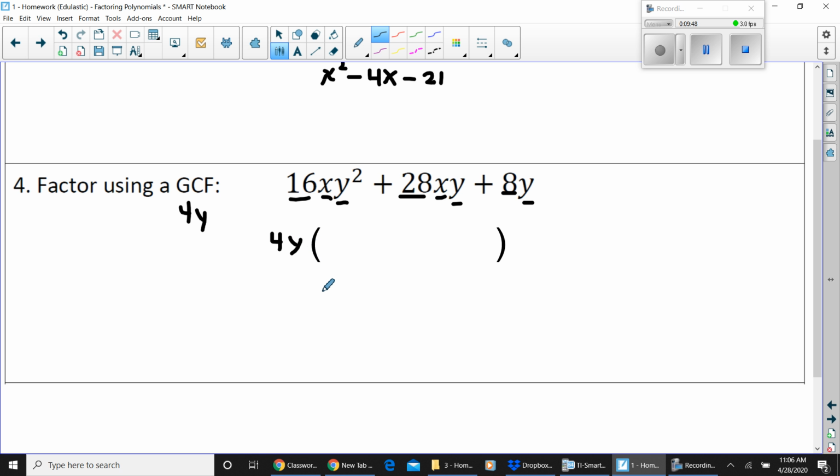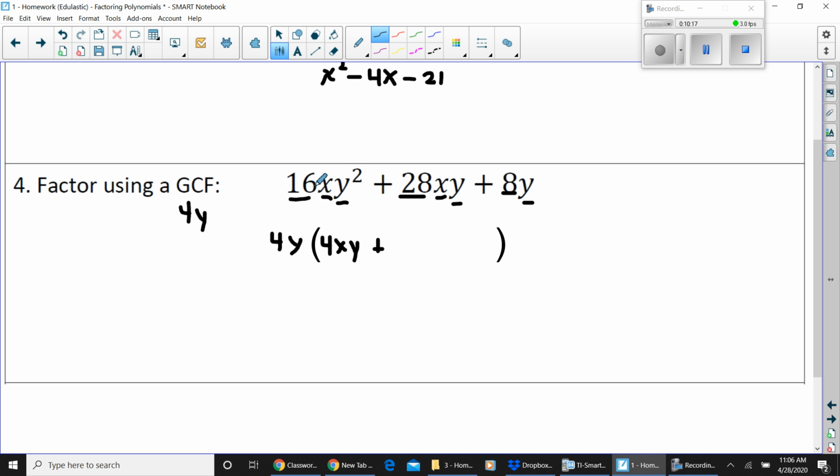All right, so I pulled that out. Now we can do the distributive property kind of in reverse in your head. So 4 times what equals 16? That is 4. There is no x here, so this x has to be brought down. And what times y equals y squared? That's y. So 4 times 4 is 16, x has to come down because there is no x here, and y times y equals y squared.